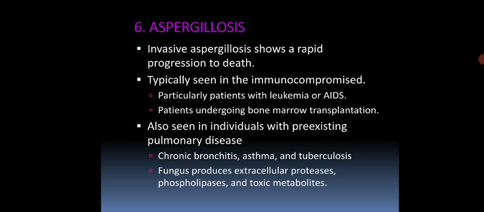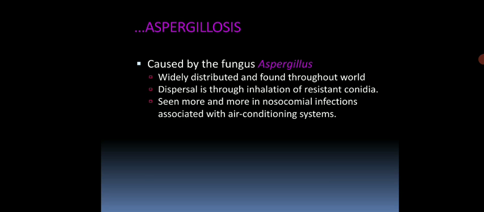The fungus produces extracellular proteases as well as phospholipases and toxic metabolites. It is caused by the fungus Aspergillus, widely distributed throughout the world, and dispersal occurs through inhalation of resistant conidia.